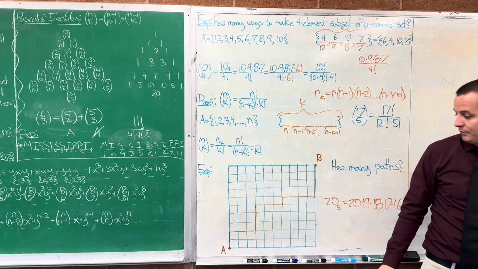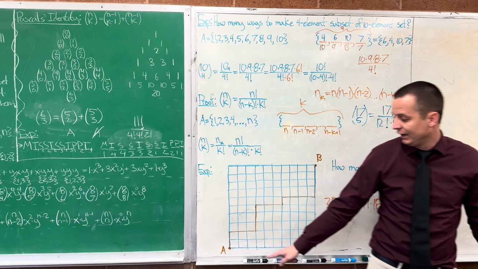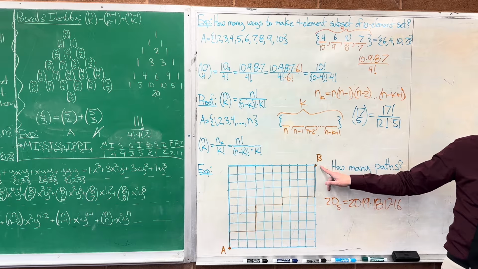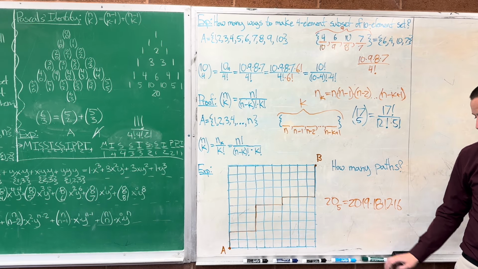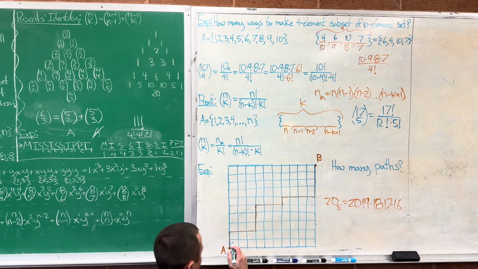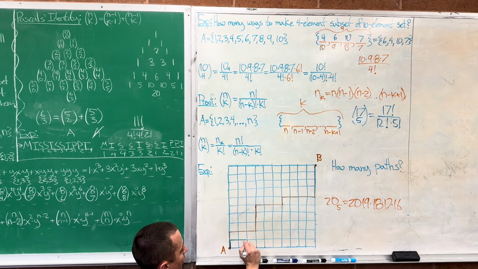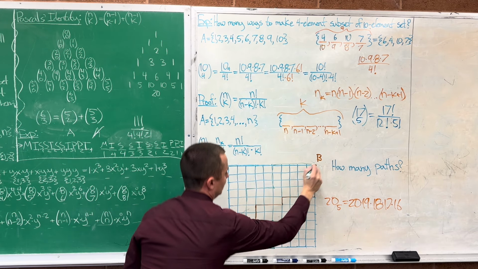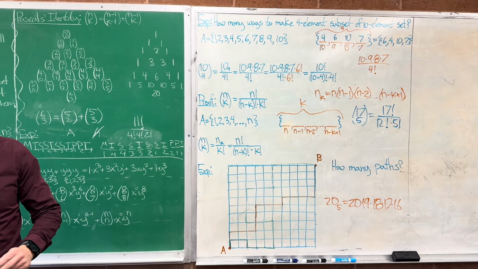Our question is, how many paths can we take going from point A to point B if we don't allow backtracking? What do I mean by we don't allow backtracking? Let me show you the type of path we're not allowing. You can't go up, over, back, down, over, up, back. So green there would be an example of a dumb path, a bad path.